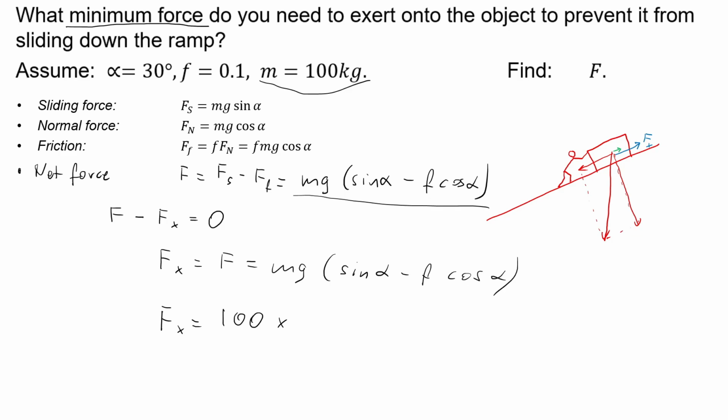It's not shown here, but g is typically 10. So I will add here additional data that you will get during in-class tests. g is 10 meters per second square, sine 30 degrees is 0.5, cosine 30 degrees is 0.87.